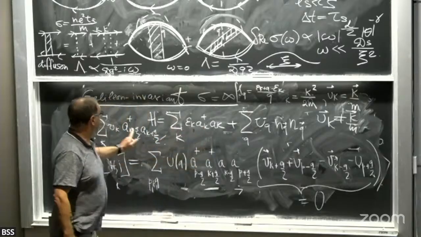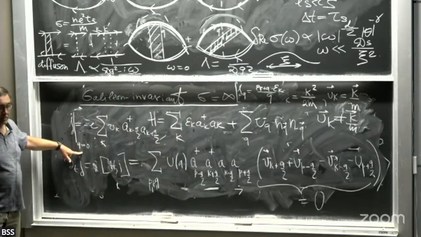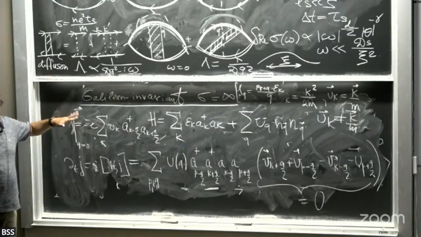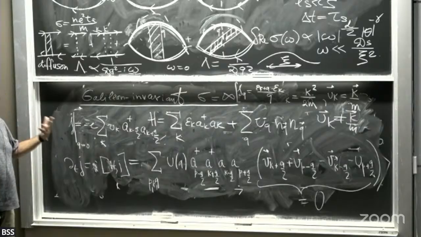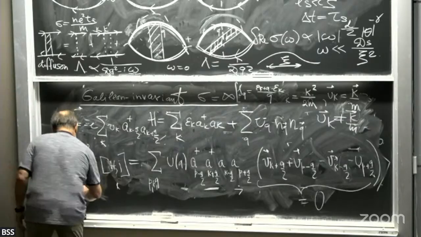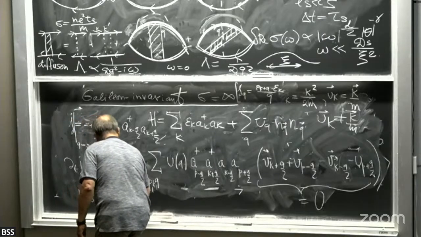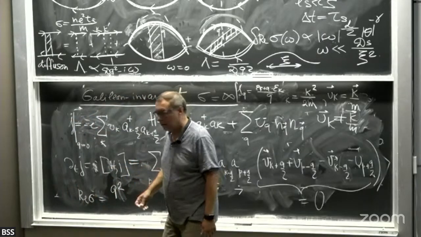This concerns only uniform current. There is no conservation law for a current which is measured at finite Q, and that means that the conductivity even of a Galilean invariant system is finite at finite Q, and we can calculate it, and we did. And the real part of the conductivity is, of course, proportional to Q squared, because it should vanish at Q equal to 0.